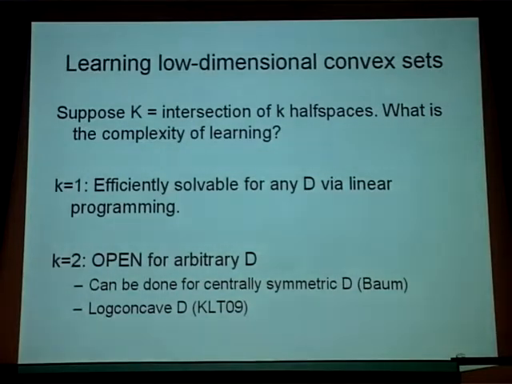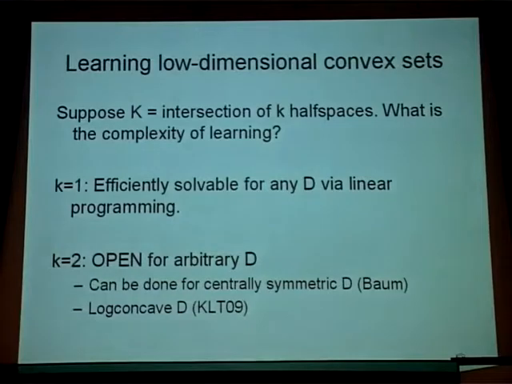K equal to 2, open. We don't know how to do it in general D, no real hardness result to speak of. I mean, learning hardness results are hard to come by because you can learn it using something else. You just have to come up with a polynomial rule. However, for some special distributions, so if the distribution is centrally symmetric or log concave, for k equal to 2, there are polynomial algorithms.